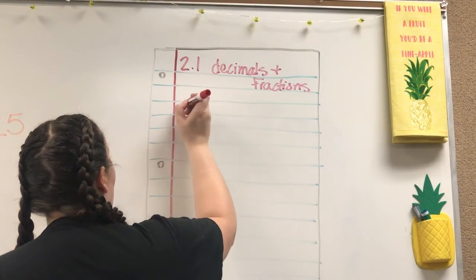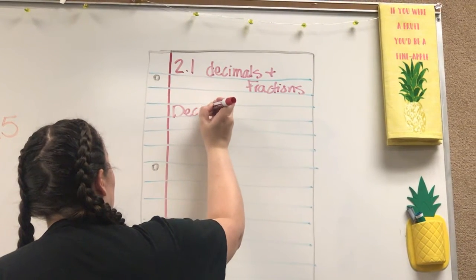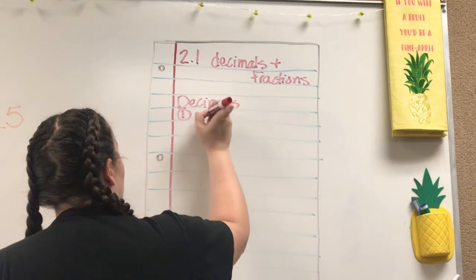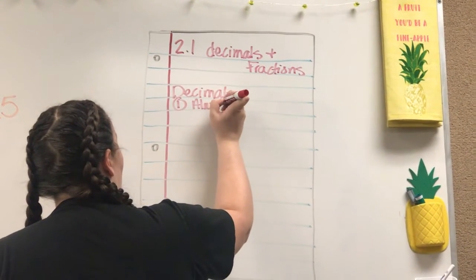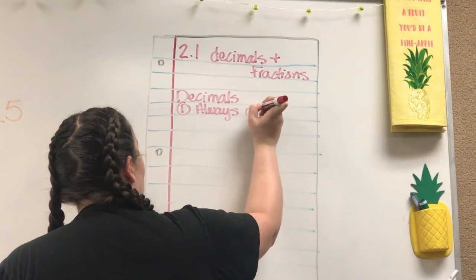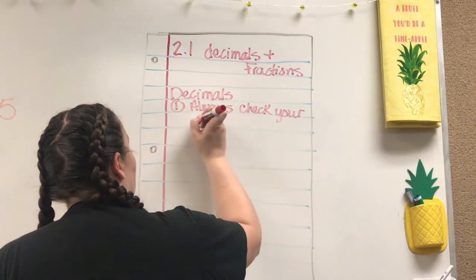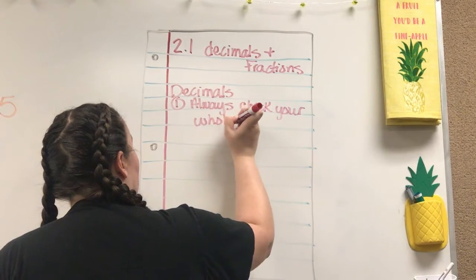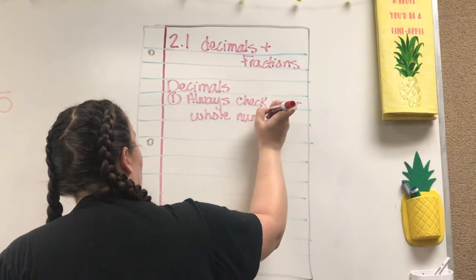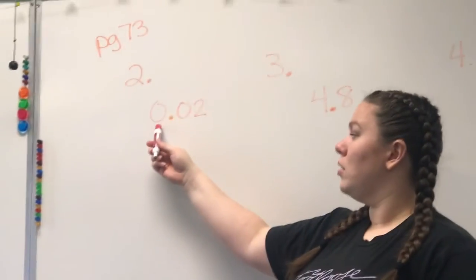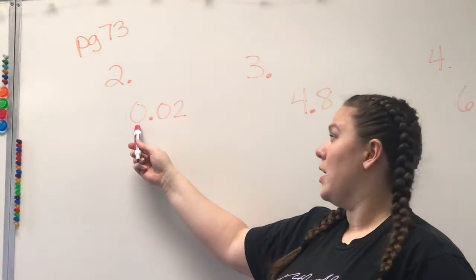So, if you're talking about decimals, the number 1 rule is always check your whole number. Okay, is there a whole number on number 2? No, there is not, so we don't need to worry about that one.